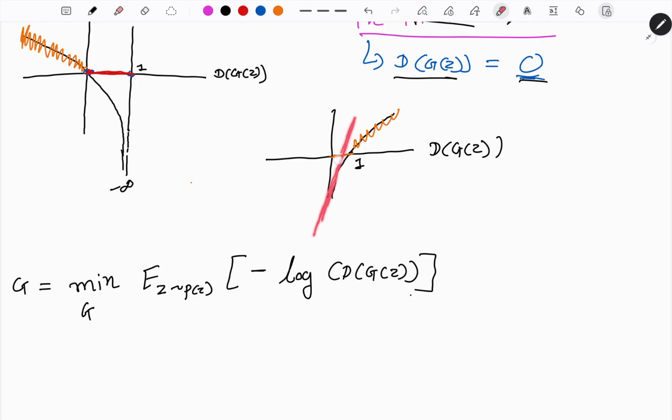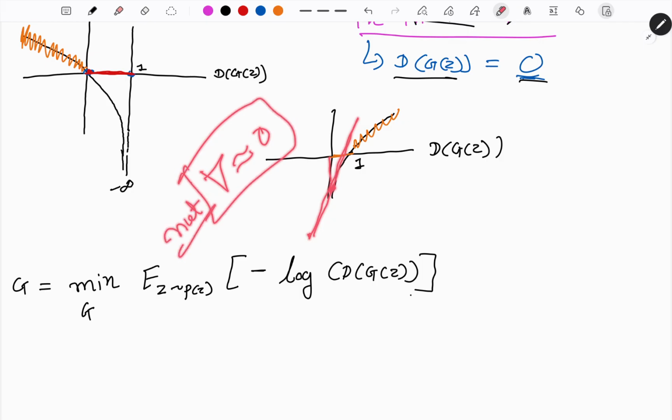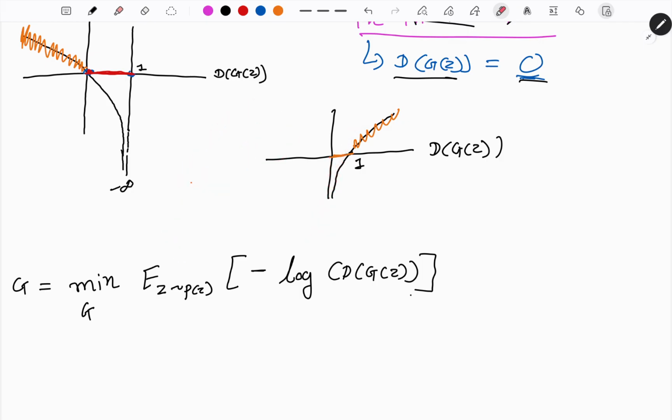I'll draw a tangent at this particular point. So we have some significant value of slope, so initially delta is not 0 or close to 0. So at the initial stage the weights update, and since the weights update starts, that means no vanishing gradient problem at all.